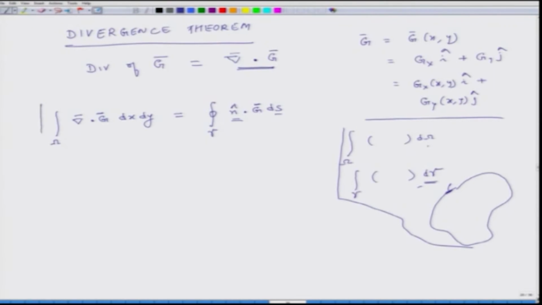So, this is the divergence theorem, and I can also write it as, so this is a scalar equation. So, my equation for the gradient theorem was a vector equation.